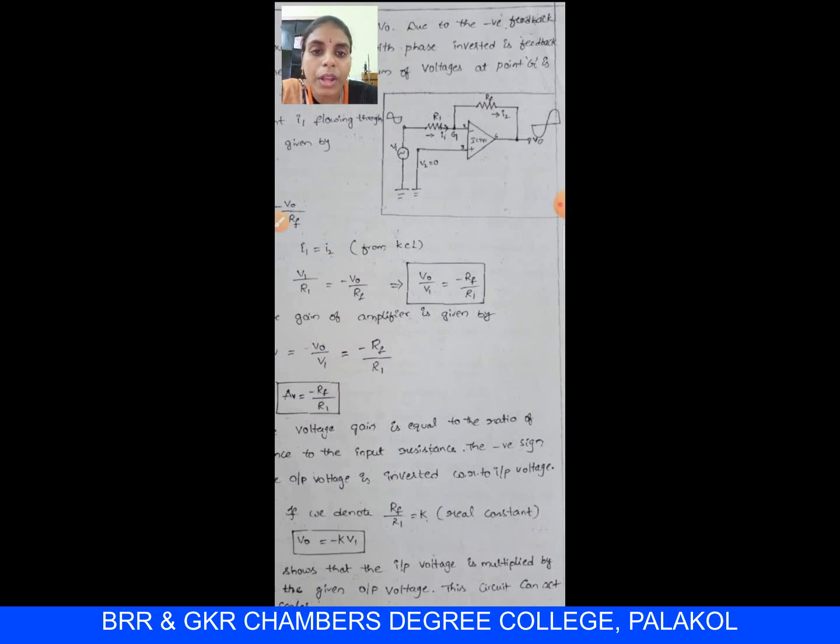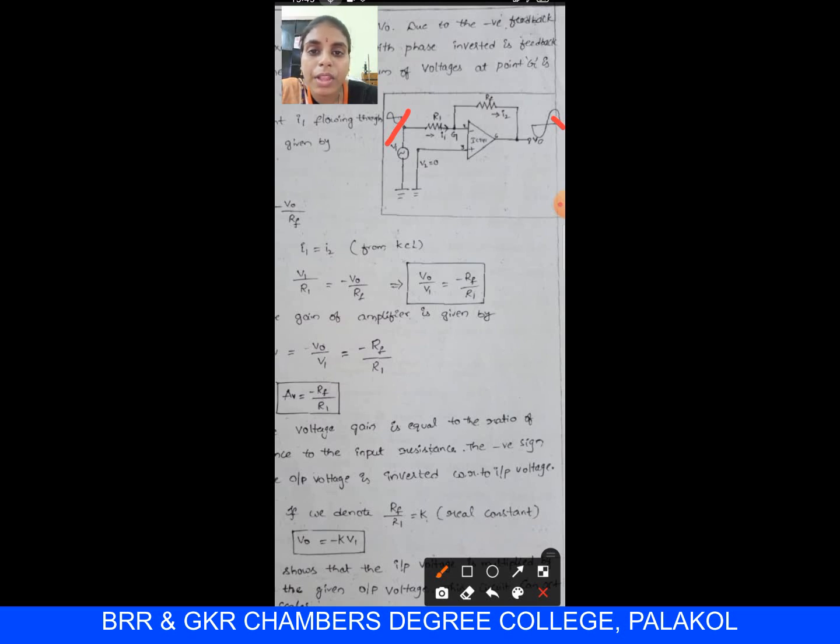Then the output is produced out of phase as shown in the diagram. Here is the input signal and here is the output signal in amplified form, out of phase. This output is fed back to the input terminal through a resistance RF.